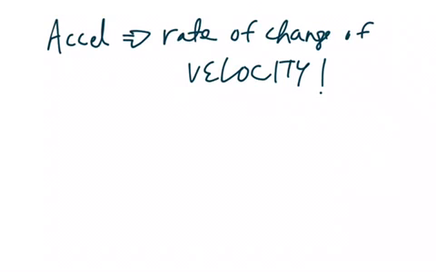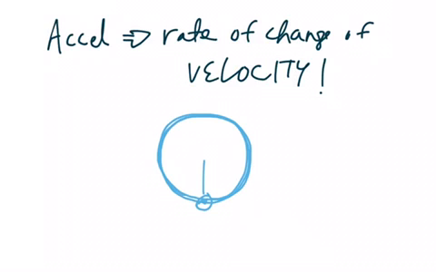And so, for instance, if you were to take an object, a ball or whatever, and if you were to tie it to a string and spin it in a circle like this at a nice steady speed, it turns out that that ball on the string has a nice steady speed. It's not changing its speed, but it happens to be accelerating. And the reason it's accelerating is because it's changing its direction.